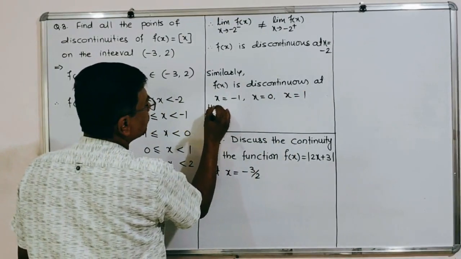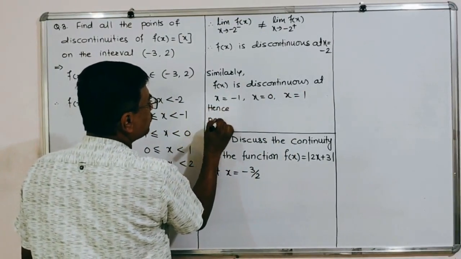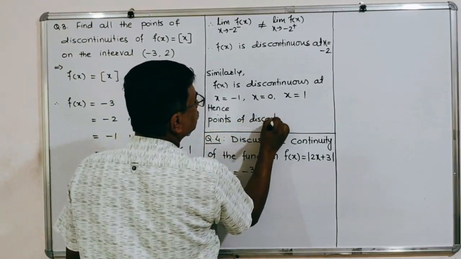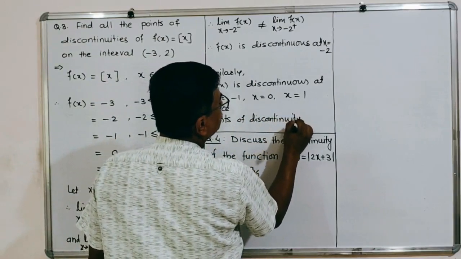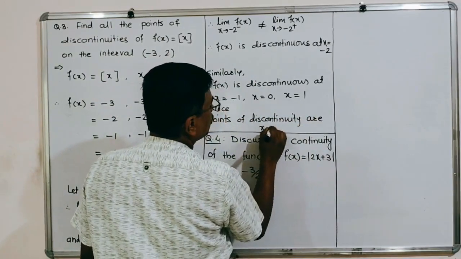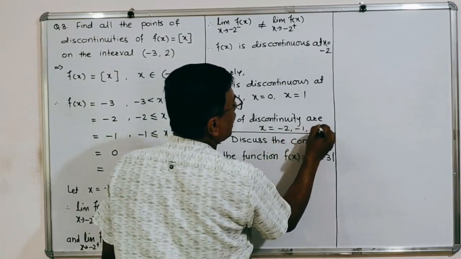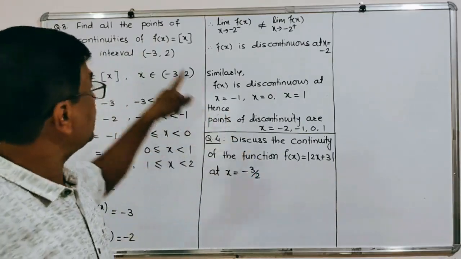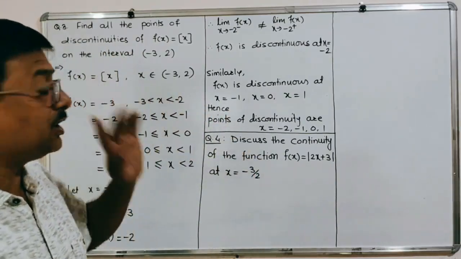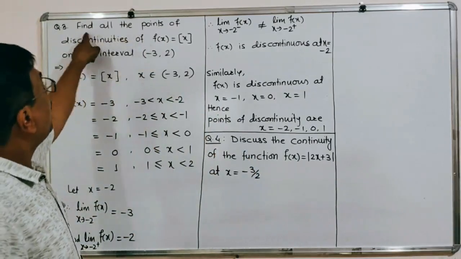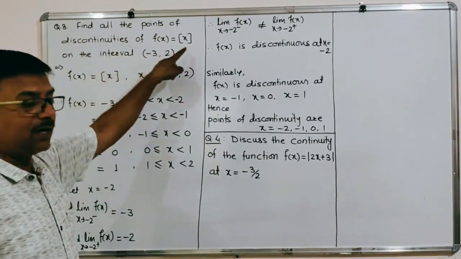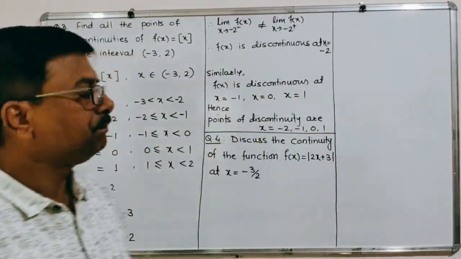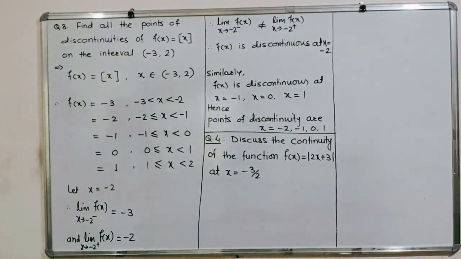Hence the points of discontinuity are x is equal to -2, -1, 0 and 1. These are 4 points in this interval -3 to 2 where the function step x is discontinuous. As the question says find all the points of discontinuity of this function, we have all those points -2, -1, 0 and 1.